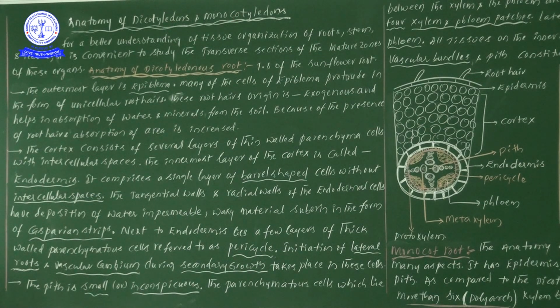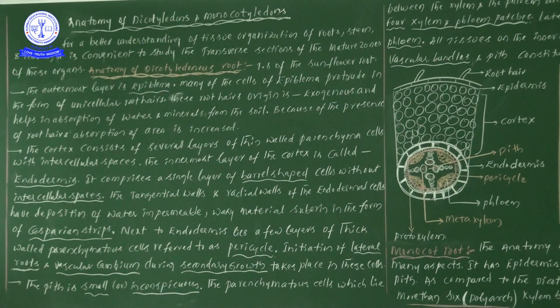For dicots we will discuss roots, stem and leaves, as well as the root, stem and leaf of monocots. First of all, in this video we will be discussing the dicot root as well as the monocot root, in the complete video. So let us watch one by one.